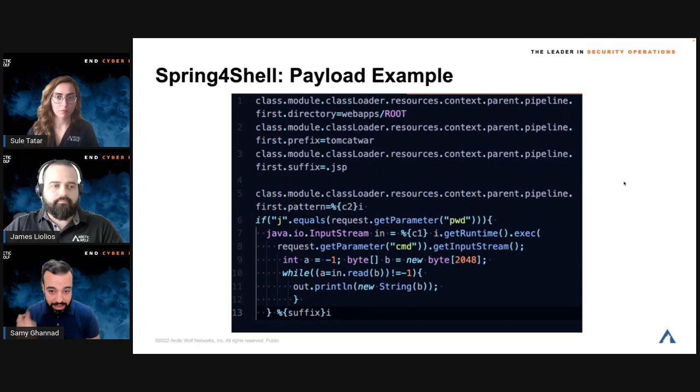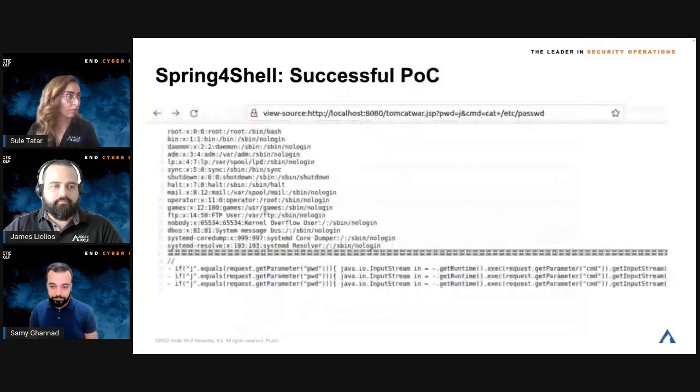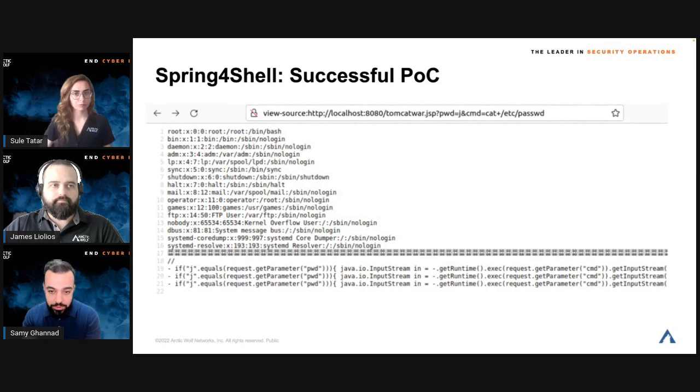And we can see it in action in the next slide. This is the web shell that was uploaded by reconfiguring the access log valve object in Tomcat, and it basically gives the attacker the ability to run any commands using the web shell.